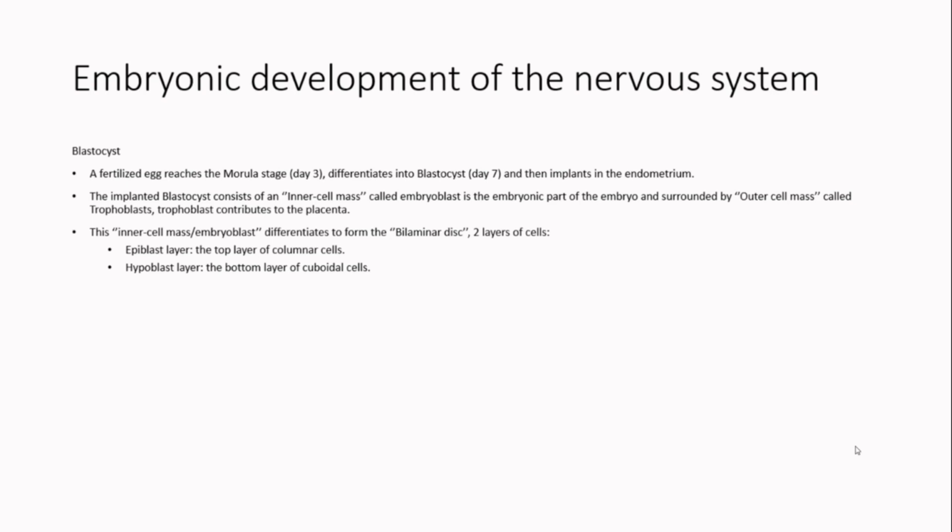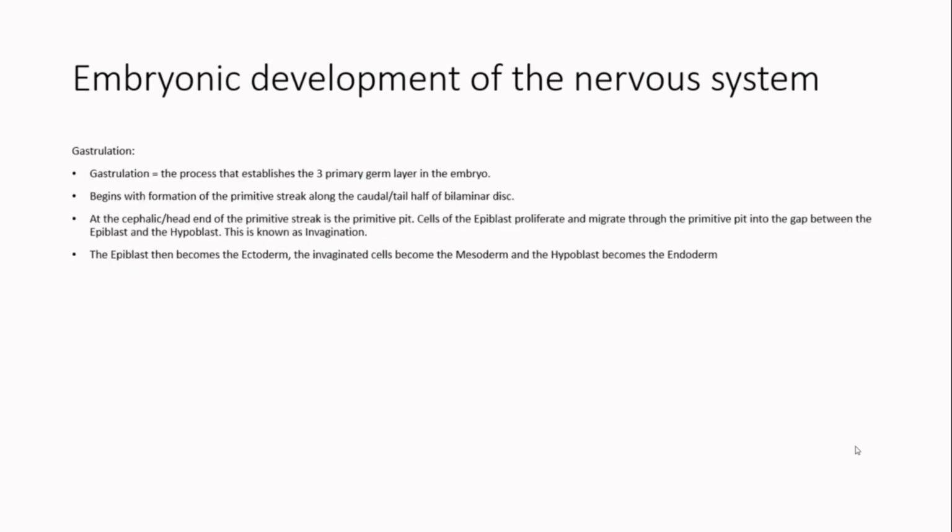So the inner cell mass will differentiate into something we call a bilaminar disc, and this bilaminar disc has 2 layers. It's the epiblast layer, which is the top layer, and it consists of columnar cells. Then we have the bottom layer, and it's the hypoblast layer, which consists of cuboidal cells.